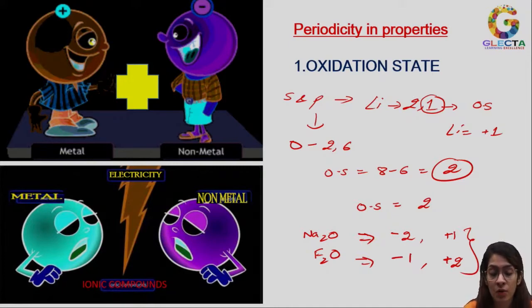Whereas the valency or the oxidation state, when first combined with hydrogen or oxygen, initially increases from 1 to 4 when we move from left to right in a period, and after that it reduces to 0. That means it is 8 minus the number of valence electrons, and it starts to decrease and reduces to 0.